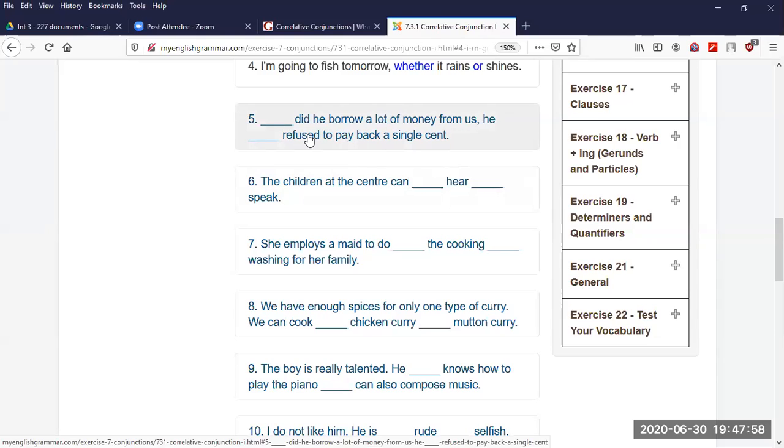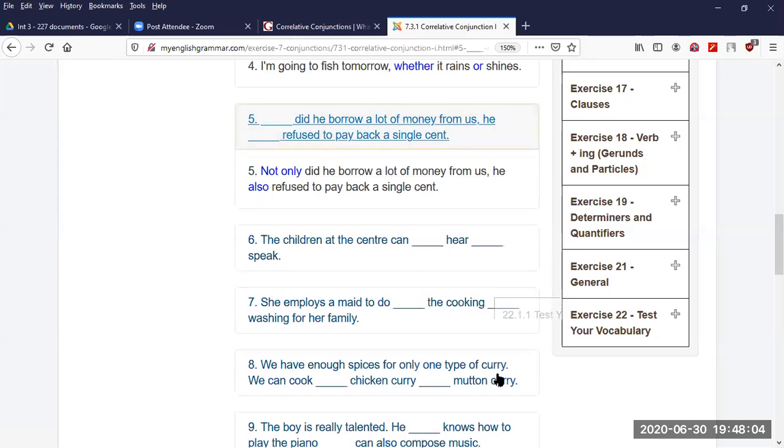Not only, he also. He also, yeah. So not only did he borrow a lot of money, he also refused to pay back a single cent. So we have this kind of sense of, we can't believe it. He did this, but he also did this.